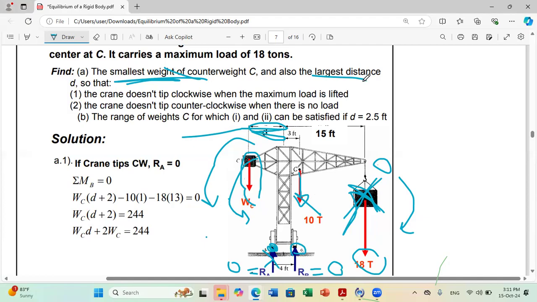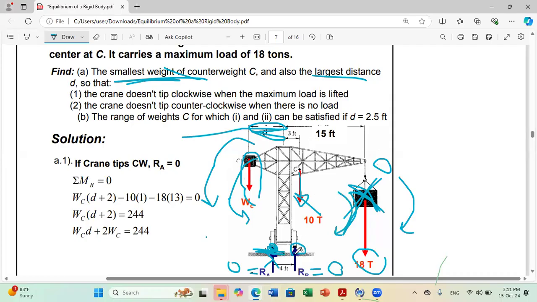Okay. Doctor, but why do we lose contact with A? You lose contact with A because, in this case, with B, if I take zero load, I lose contact with B. If I take maximum load, I lose contact with A. Because when you tip over here, you will support yourself at this point, so you lose contact with B. While if you have maximum load, then you risk to tip over in clockwise direction.